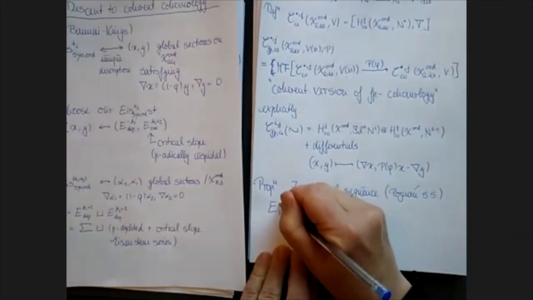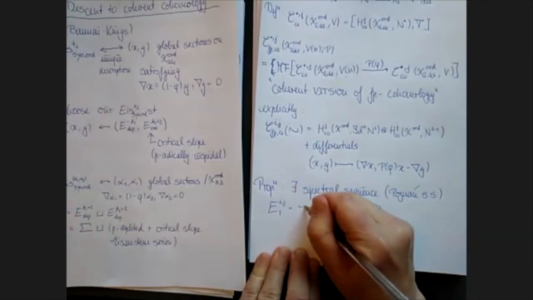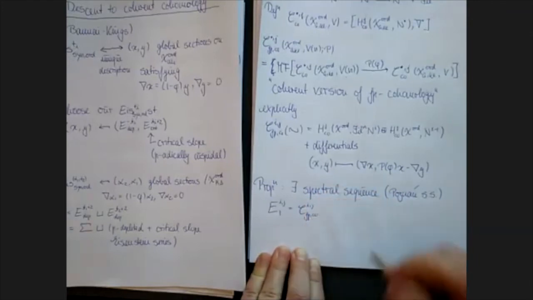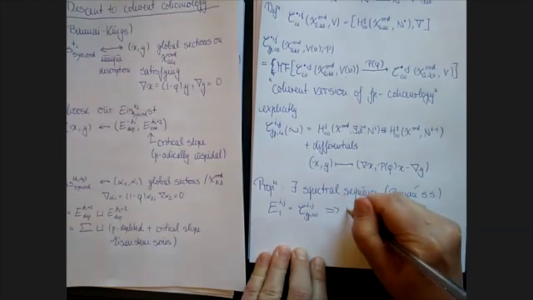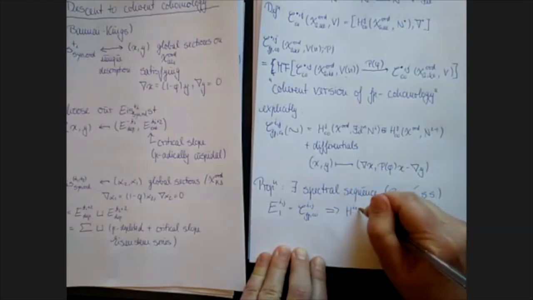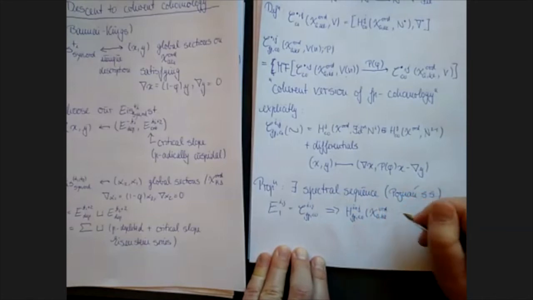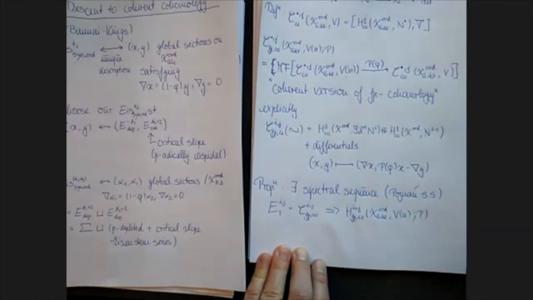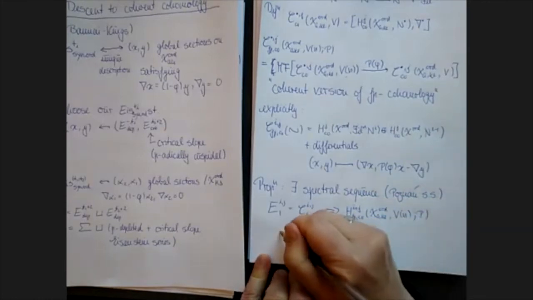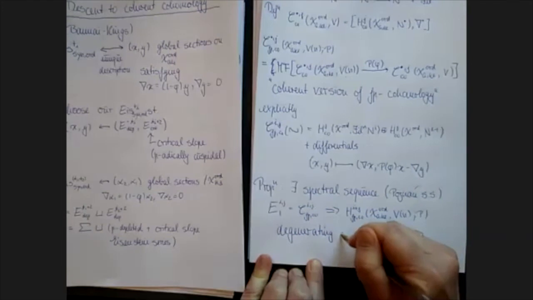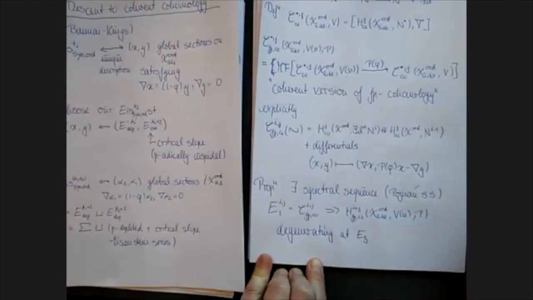The E1 term at i j is just C i j FP C0, and this converges towards H i plus j FP C0 of the ordinary locus of XG Klingen of V twist n with respect to the polynomial P. And this degenerates at the E3 page.